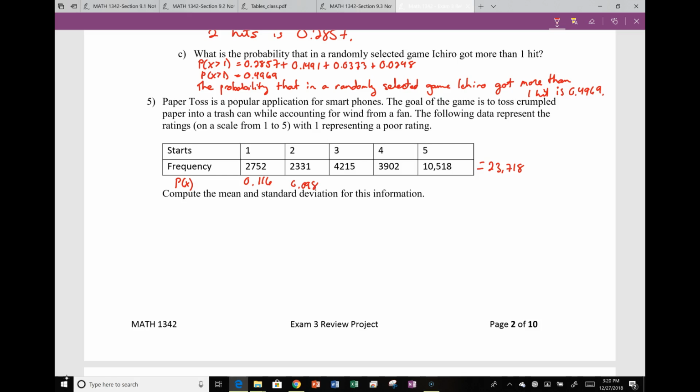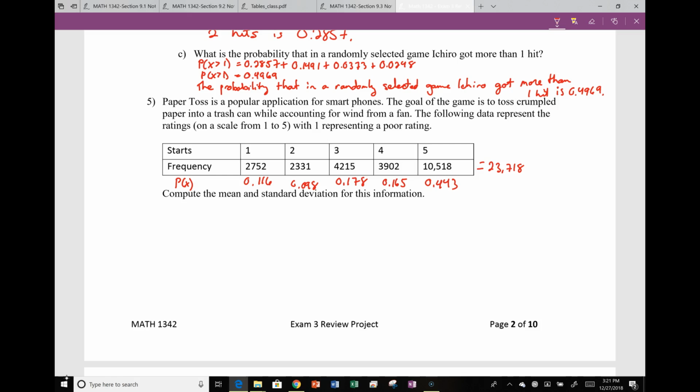So 4,215 divided by 23,718 is 0.178. 3,902 divided by 23,718 is 0.165. 10,518 divided by 23,718 is going to be 0.443. In order for us to use a probability distribution, we got to know what our probabilities are first.